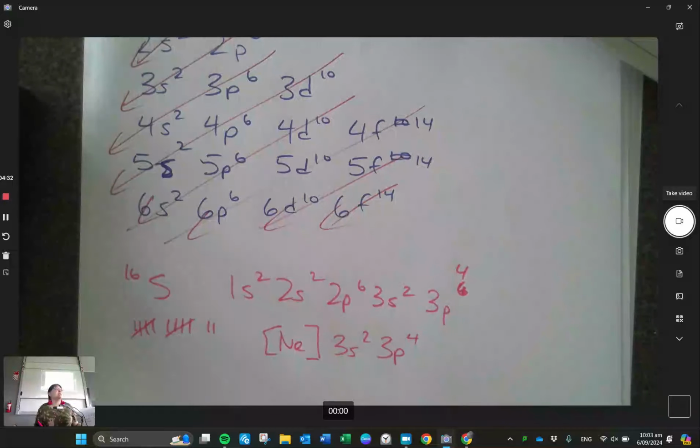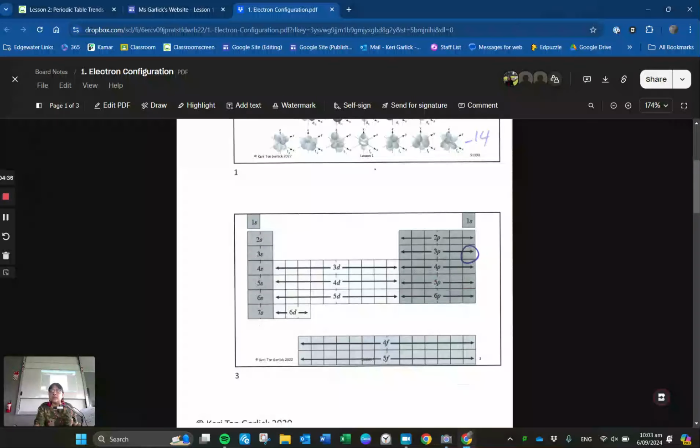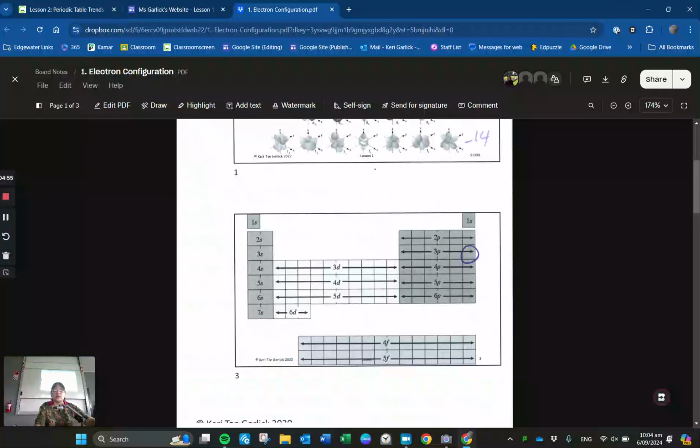So that's also an acceptable answer if you want to do that. Again, also looking at our notes, you see how this here is filling that P2, and that's where neon would be. And so that's why you're doing the 3s still and then the 3p still.